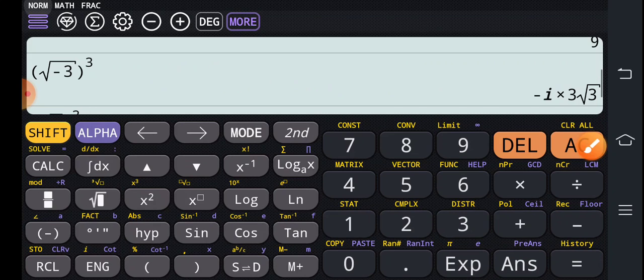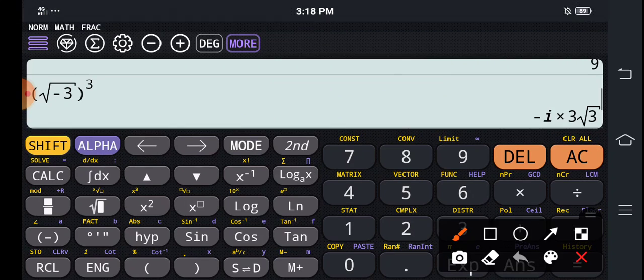So if you're going to substitute x with negative 3 or x with 3, let's say, this one is 3 square root of 3 to the power of 3.